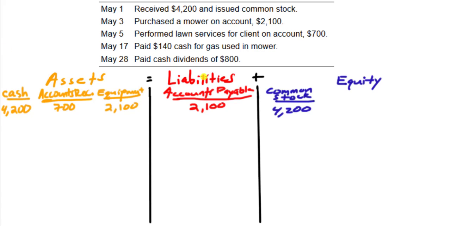So performed lawn services, service revenue. This $700 of accounts receivable came from our service revenue.